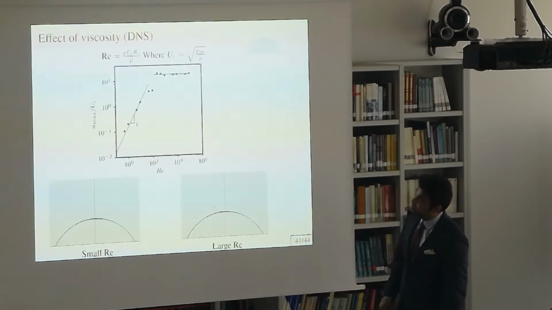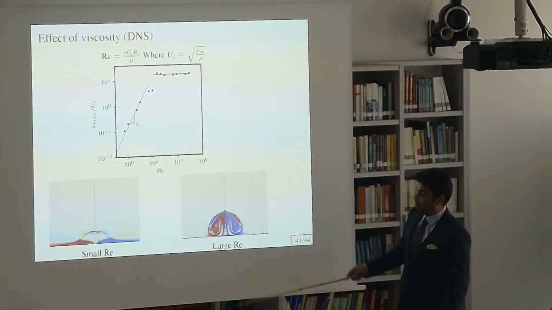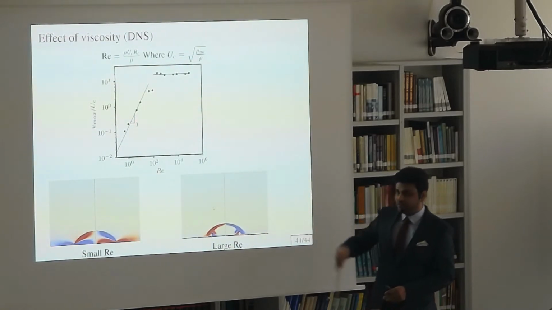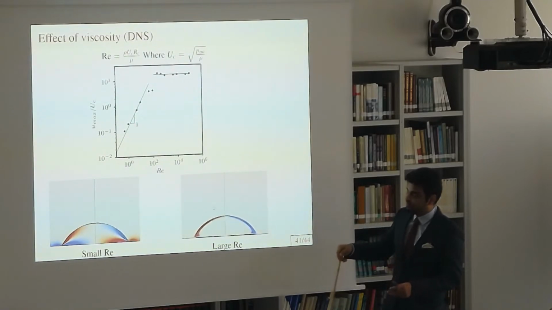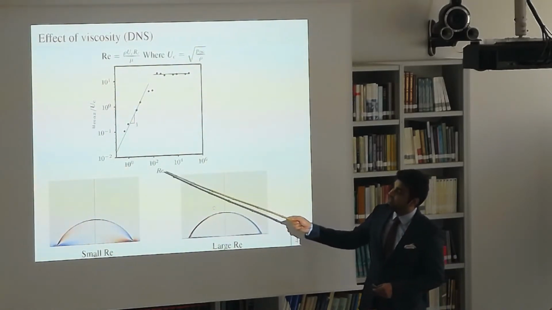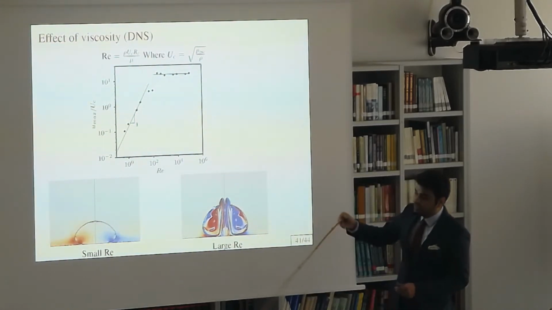So we can look at the effect of viscosity further. What we do here is we look at the collapse of low pressure bubbles which are collapsing under the action of ambient pressure, and the only parameter that governs the Reynolds number is the size of these bubbles, because that's the only free parameter.